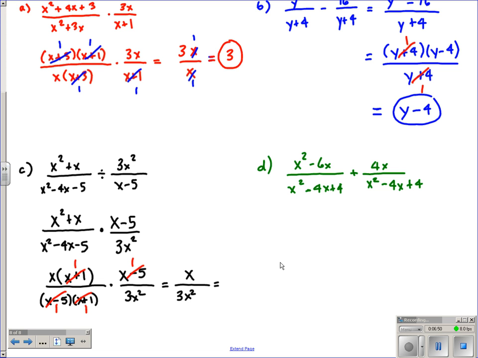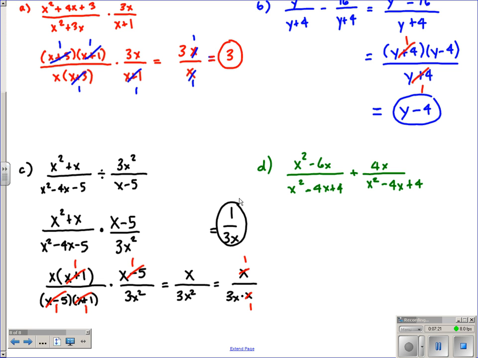You can think of this as x over 3x times an x, which means we could make this 1. Our final answer would end up being 1 over 3x. That is our answer for C.